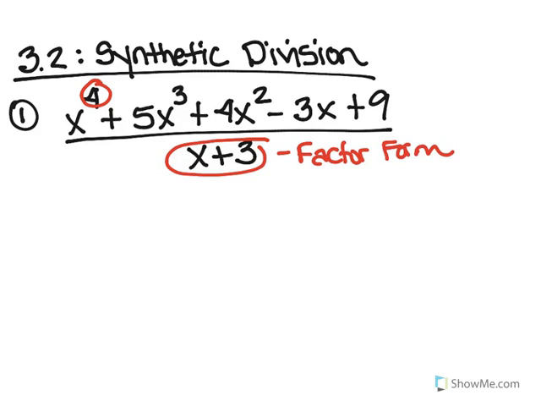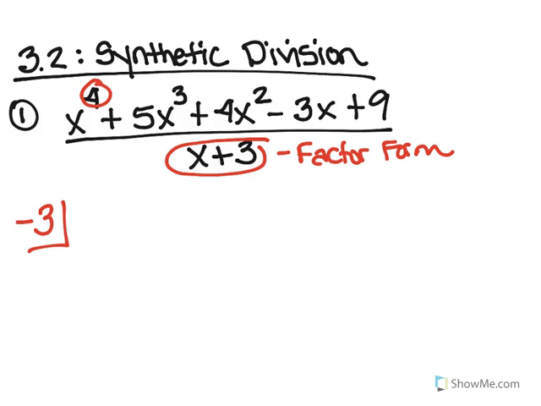When we have factor forms, we set them to 0 to find the actual number. So the number that I'm trying to see if it's an answer is negative 3. It's the opposite, okay?